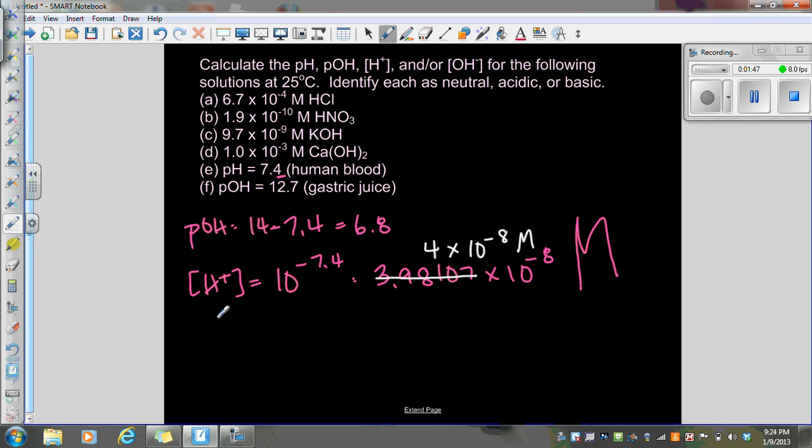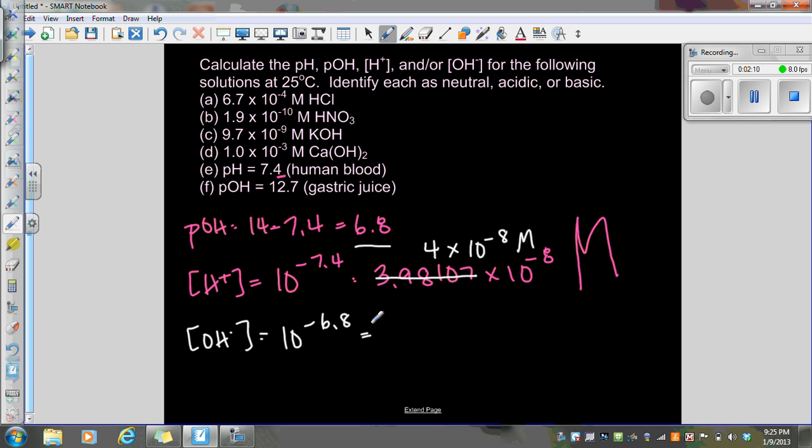Okay, now what we want to do is get hydroxide ion concentration. I could use the ion product for water, or because I have my pOH, I can say hydroxide ion concentration is 10 to the negative 6.8.